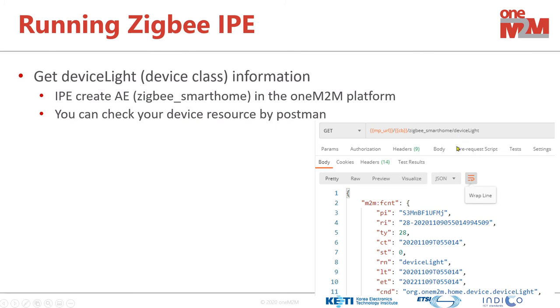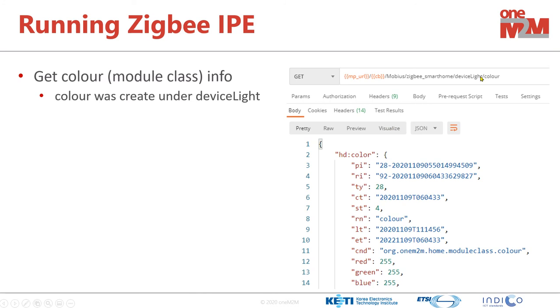For example, this is the device light that we created by the IPE. Content definition says this is the device light. Under that device, we can also retrieve the module class, for example, color. And the color has red, green, blue as the custom attributes.